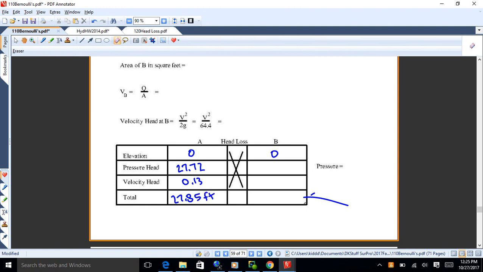That's what we've got at A. And we're going to assume no head losses. So that's what we've got to work with at B. And the units on this thing are feet.